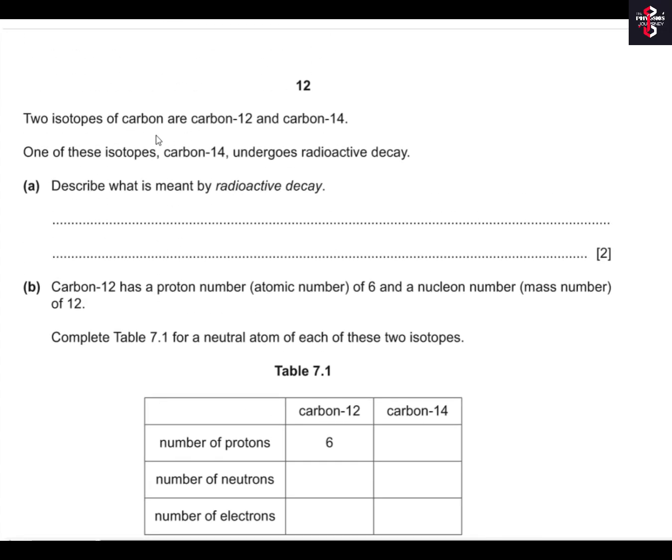Now, two isotopes of carbon, carbon 12 and carbon 14. One of these isotopes, carbon 14, goes under radioactive decay. Describe what is meant by radioactive decay.